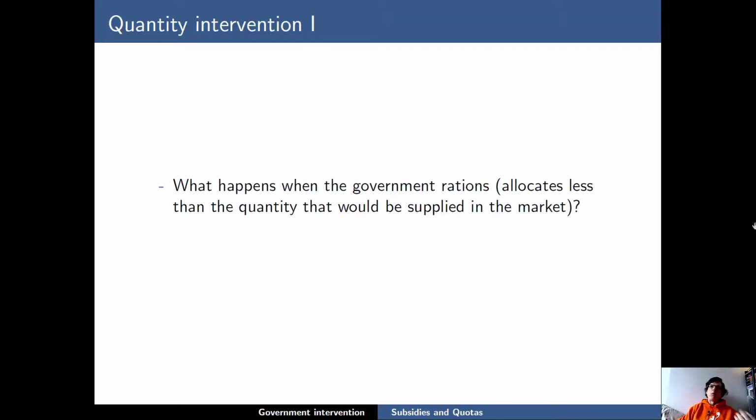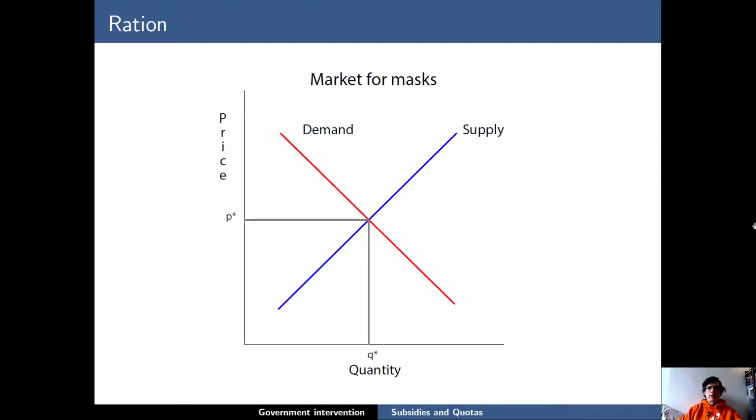So what happens when the government either allocates or prohibits or restricts the quantity that would be supplied in the market? Let's see. Let's say we're looking at the market for surgical masks. So we have our standard supply and demand model with the equilibrium price and equilibrium quantity marked.